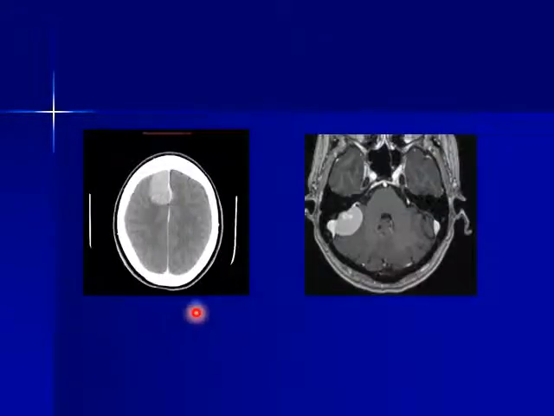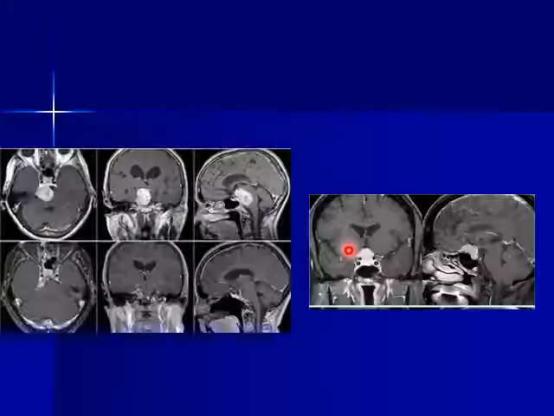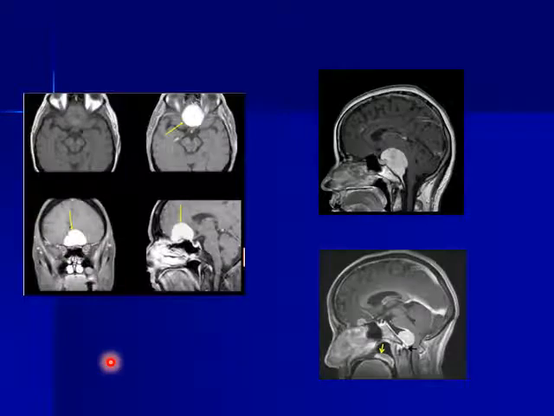Again, regarding the location, this is a parafalcine meningioma, CP angle meningioma. This is a clival or retroclival meningioma, a suprasellar meningioma, in this one petroclival or cavernous sinus.